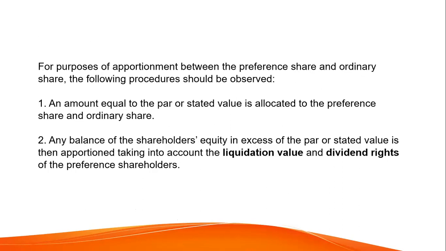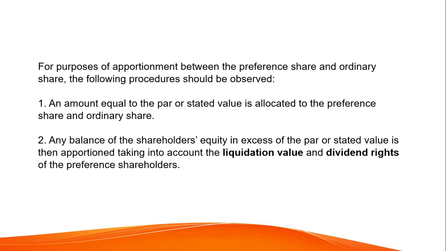For purposes of apportionment between the preference share and ordinary share, the following procedure should be observed. An amount equal to the par or stated value is allocated to the preference share and ordinary share.